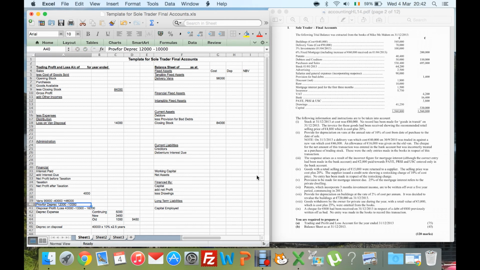So my provision for depreciation, I had 10 grand taken away, and I'll add on the depreciation expense for this year, 9450. So the figure then that goes into my depreciation here is the 12 grand minus 10 grand, and then plus the 9450, which means the net book value is going to be that, take away that.